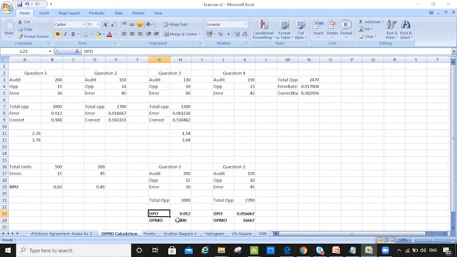Although the defects per opportunity would be 0.012, if I want to calculate it on a million scale, I have to multiply it by a million, and therefore I was able to calculate 12,000 here and 16,667 here. So that's how we were able to calculate DPU, DPO, and DPMO. I hope everybody is able to understand the difference between defects per unit, defects per opportunity, and defects per million opportunities. Thank you.